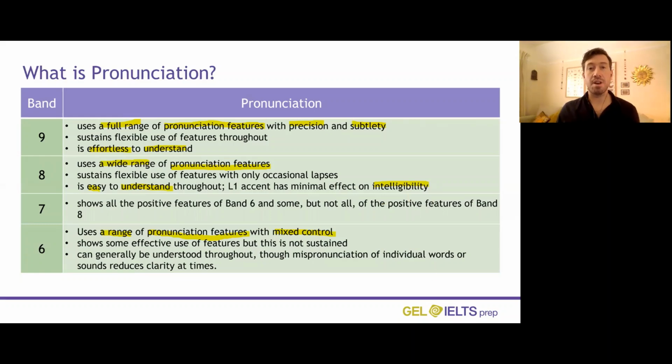This is another key word. Intelligibility means can the person listening understand what you're saying? And again, here we can see that it talks about mispronunciation of individual words or sounds reduce clarity. So reducing clarity means it's making it hard to understand. So it's all about how well you can be understood or how intelligible you are.